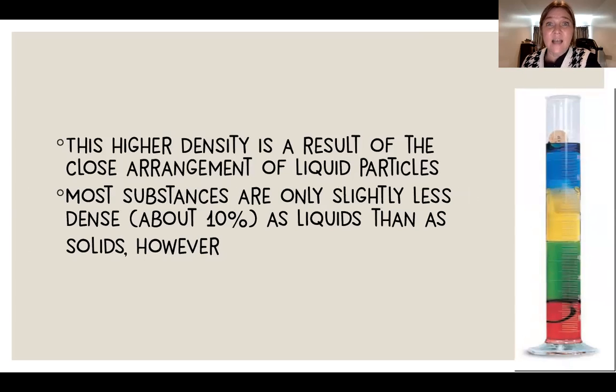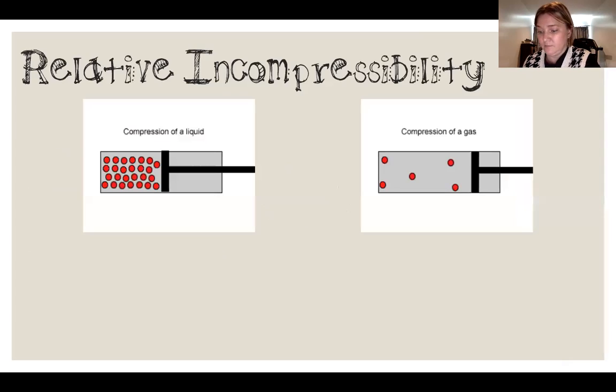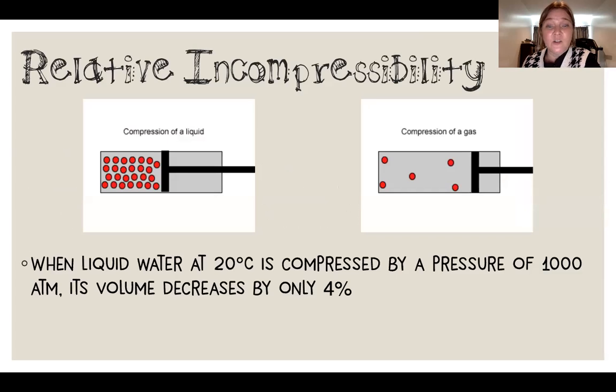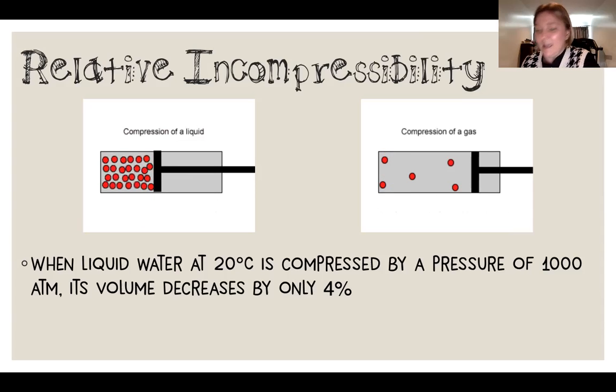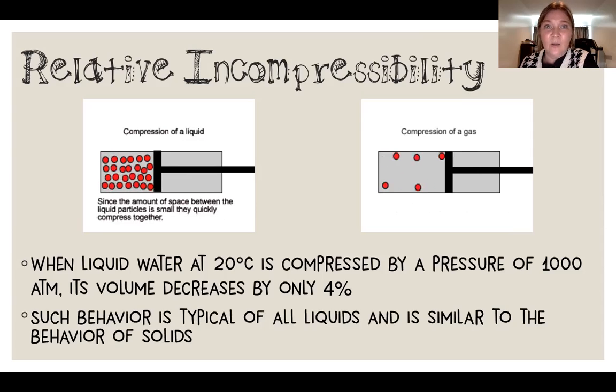Between liquids and solids, however, there's only a 10% difference. When liquid water at 20 degrees is compressed by a pressure of 1,000 ATMs, that's 1,000 times greater than atmospheric pressure, the volume decreases by only 4%. So we say that liquids are relatively incompressible.